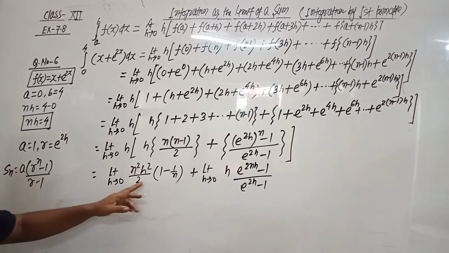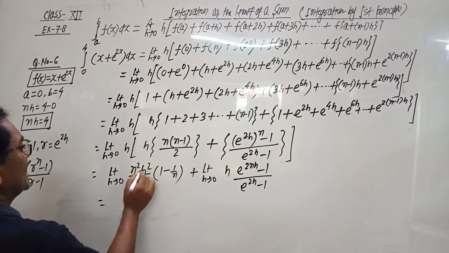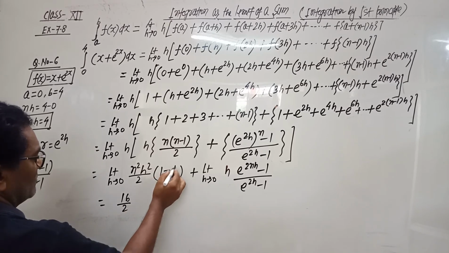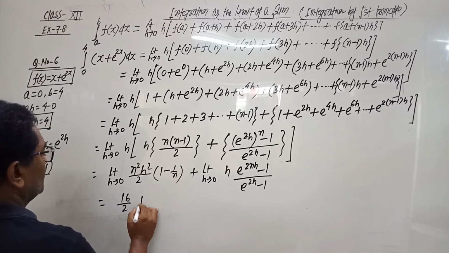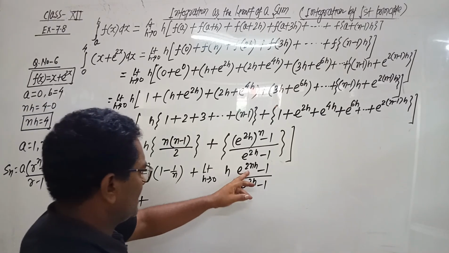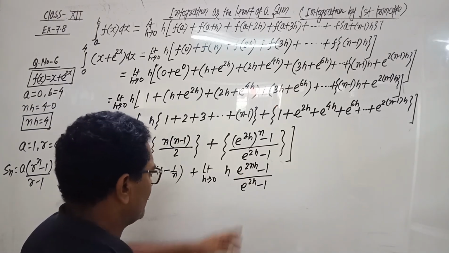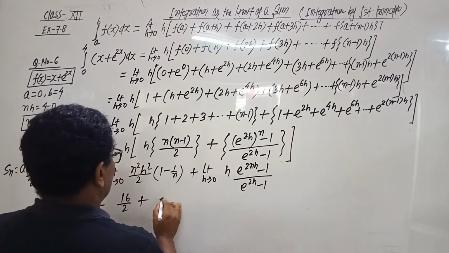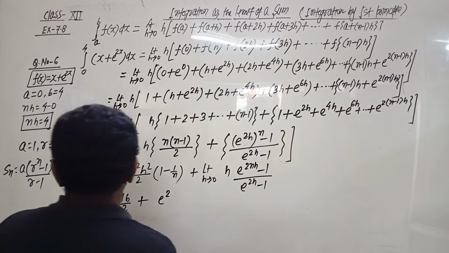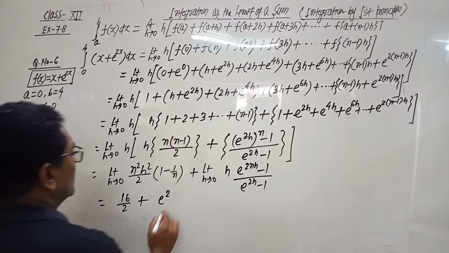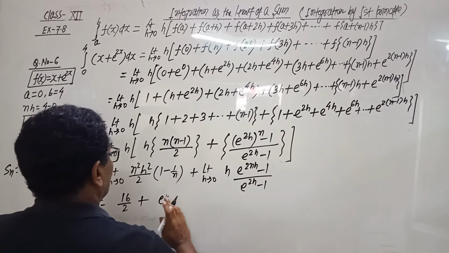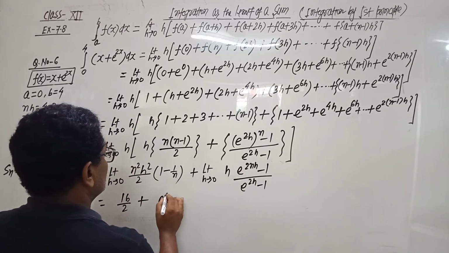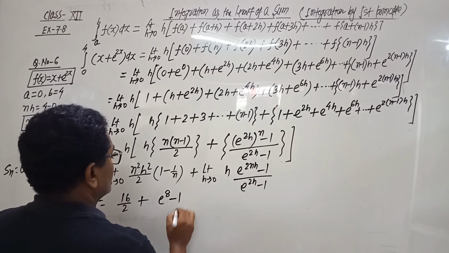And the value of nh is 4, so put the value of nh: 4 squared is 16, by 2, and 1 by n becomes 0, plus this can be written as h, there is e raised to the power 2nh, the value of nh is 4, so e raised to the power 2 into 4, we get e raised to the power 8 minus 1.